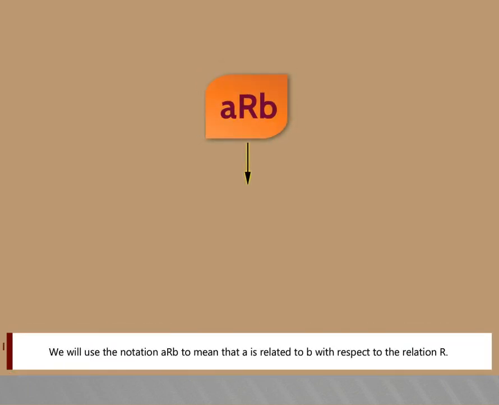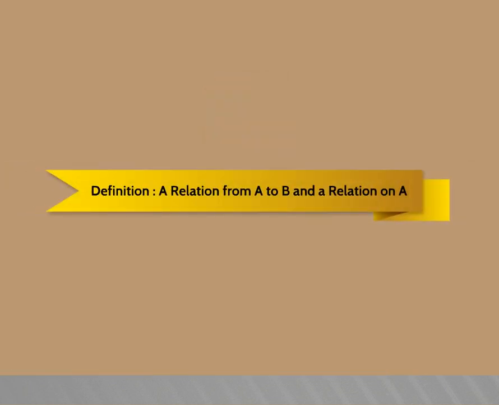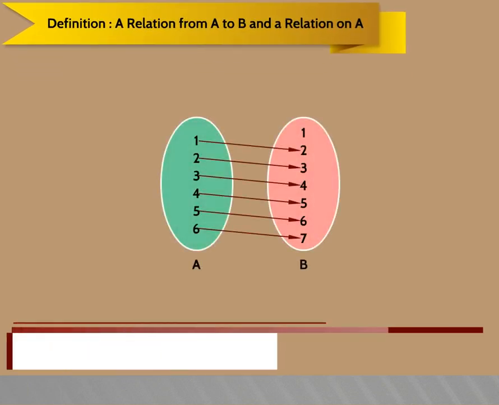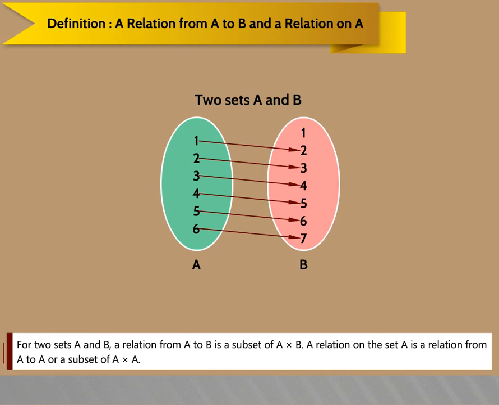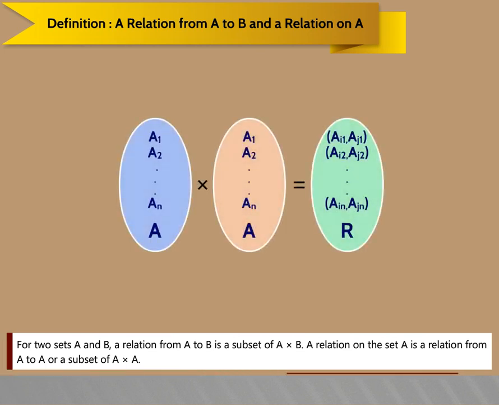We will use the notation aRb to mean that a is related to b with respect to the relation R. Definition: a relation from A to B and a relation on A. For two sets A and B, a relation from A to B is a subset of A times B. A relation on the set A is a relation from A to A, or a subset of A times A.